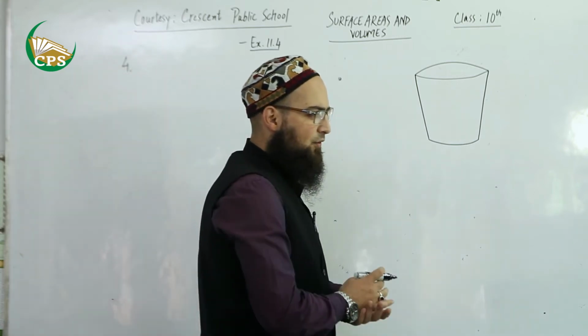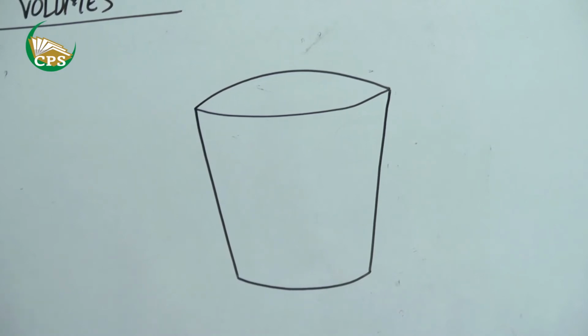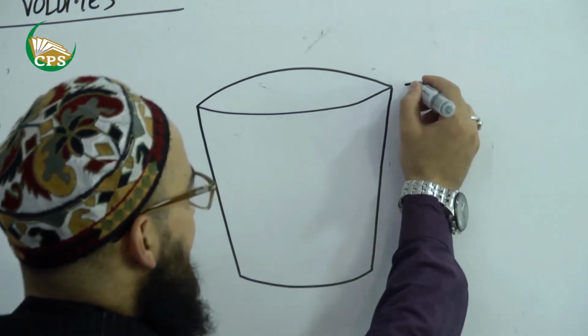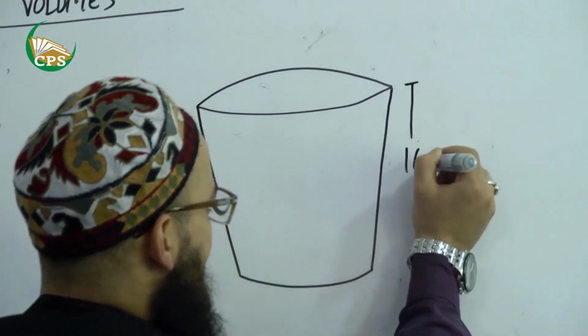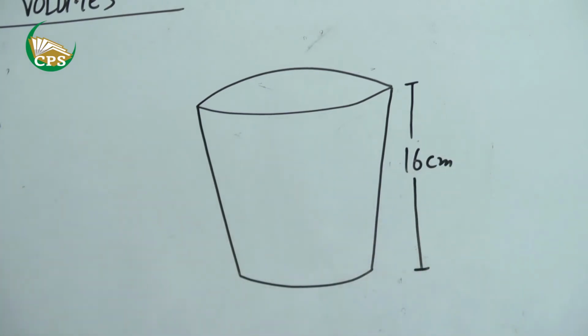It is in the shape of a frustum of a cone, and it's a metal sheet. Our height is given, that is 16 centimeter.